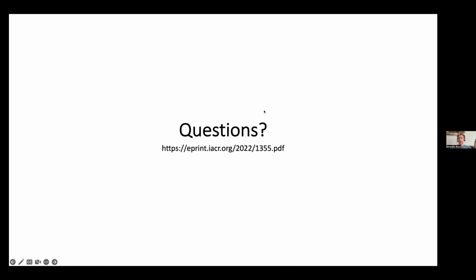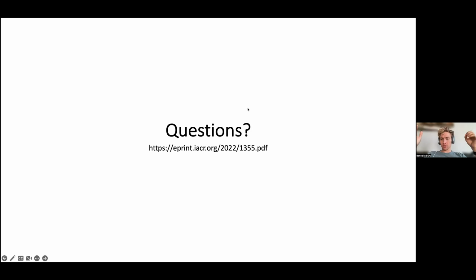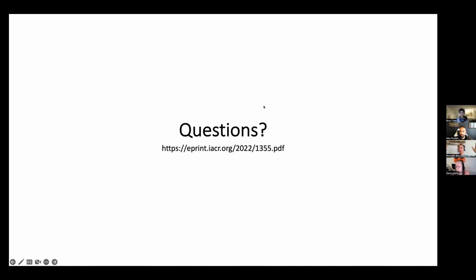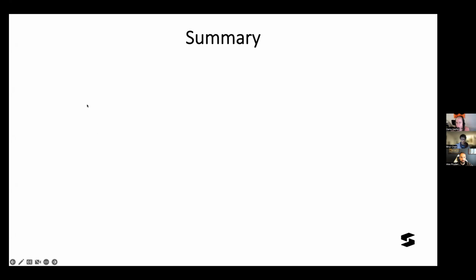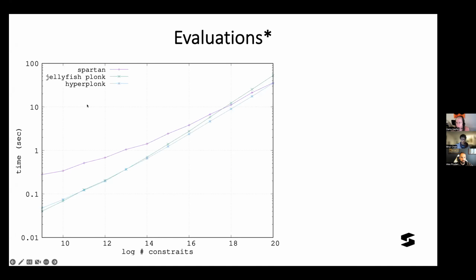Another type of high degree gate is where you have many wires, or columns in the Halo 2 language, and you multiply all of them together, and that's a little bit more expensive. I answered a couple of questions regarding that in the chat. I don't want to go through all of them, but it basically depends on the specifics of the gate what exactly the cost is.